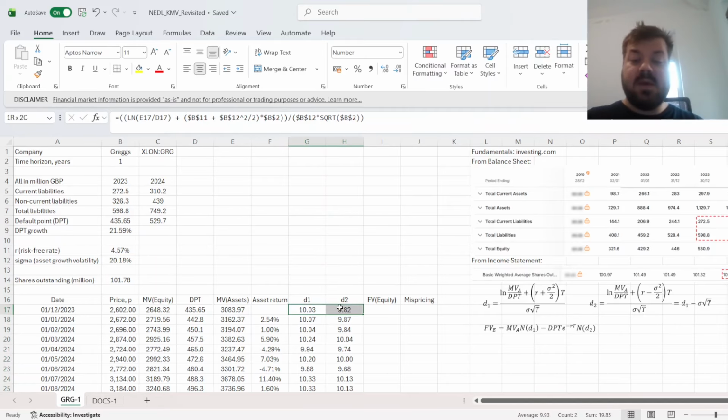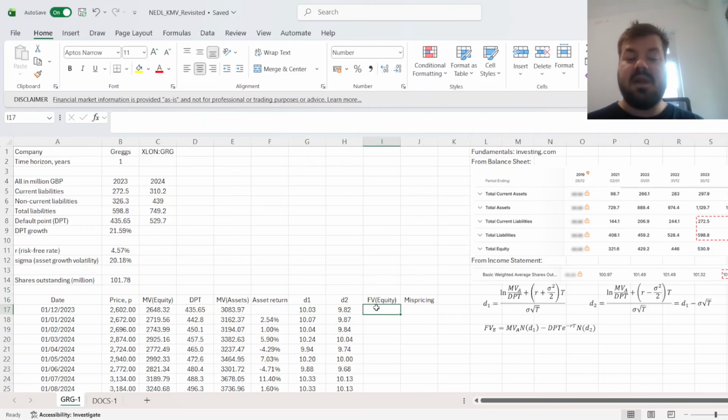And now we use D1 and D2 to calculate the implied fair value of equity based on the Merton model. And that is essentially a Black-Scholes call valuation.